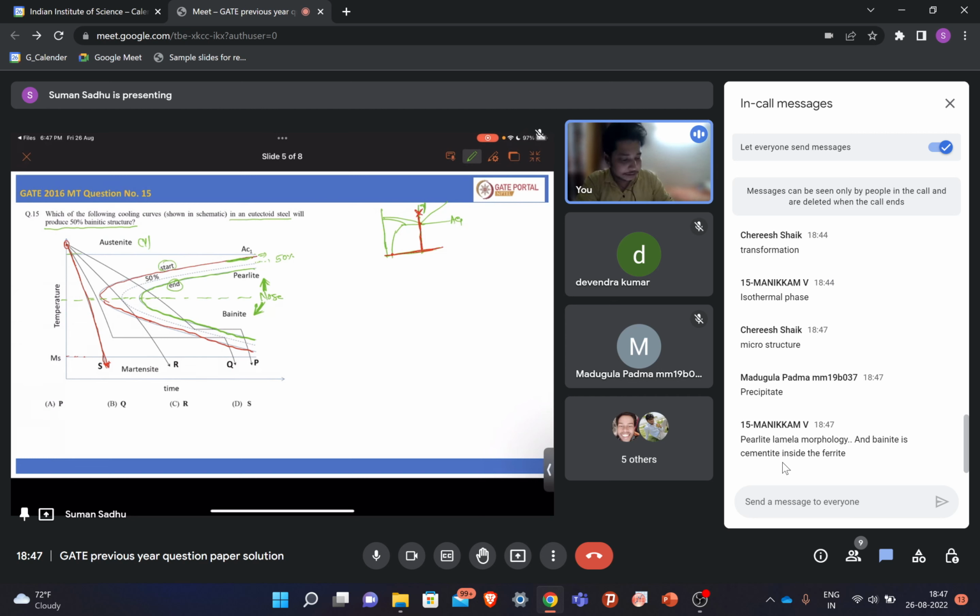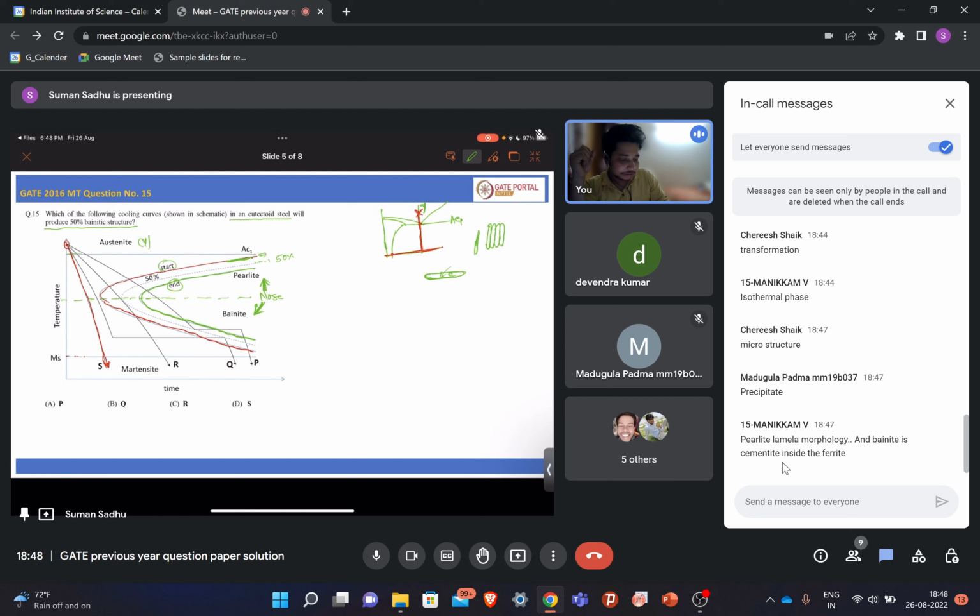In pearlite, you will get a lamellar kind of structure. Let's say this is the alpha and this is the cementite. This kind of thing you will get. But in the case of bainite, you are quenching, or cooling at a very fast rate. So the morphology of the alpha is elongated. The bainite shape is initially supersaturated with carbon.